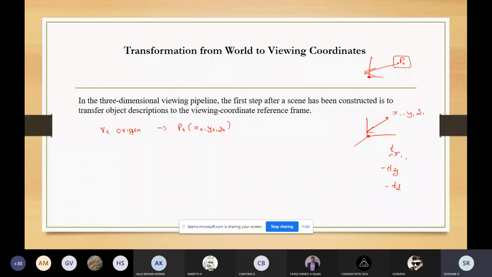So we were performing the inverse translation to move a point at some position to the origin. The same concept applies here.